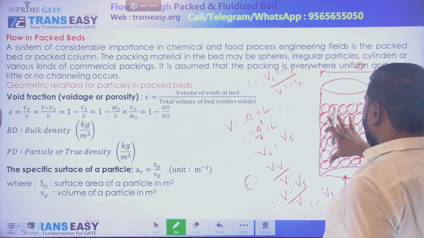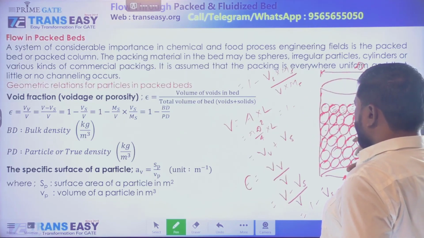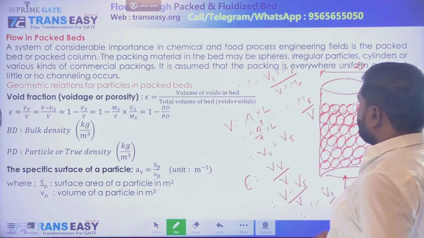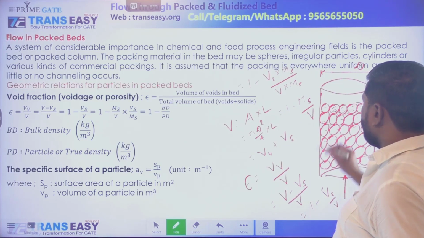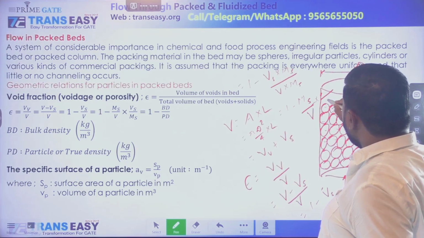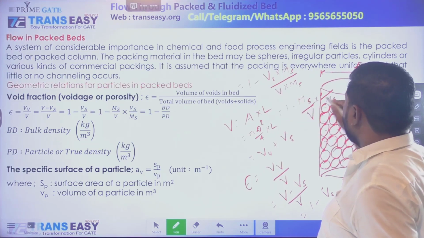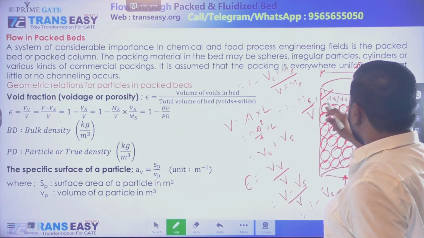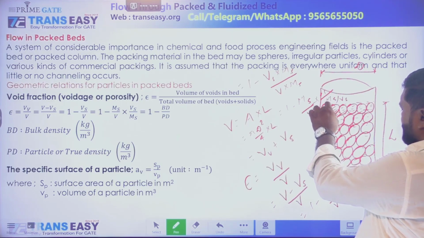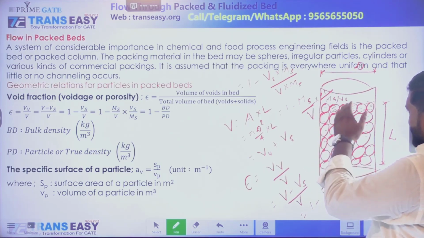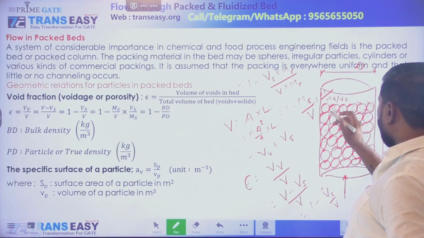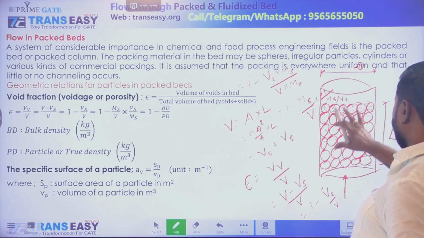So we can say Ms is the mass of the packed bed in this volume V. Ms upon V is called bulk density, into 1 upon Ms into Vs. This mass Ms of solids is actually occupying the volume of the solids only.